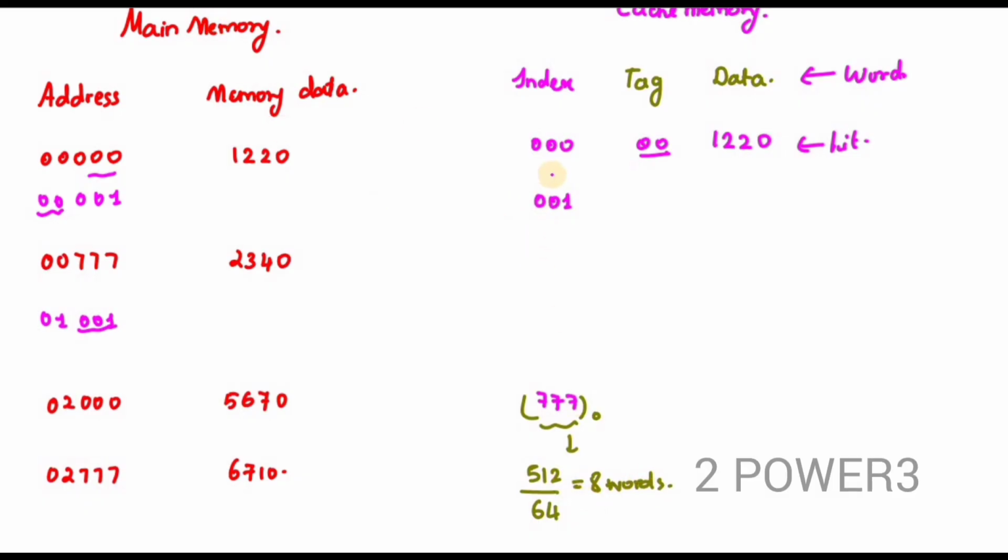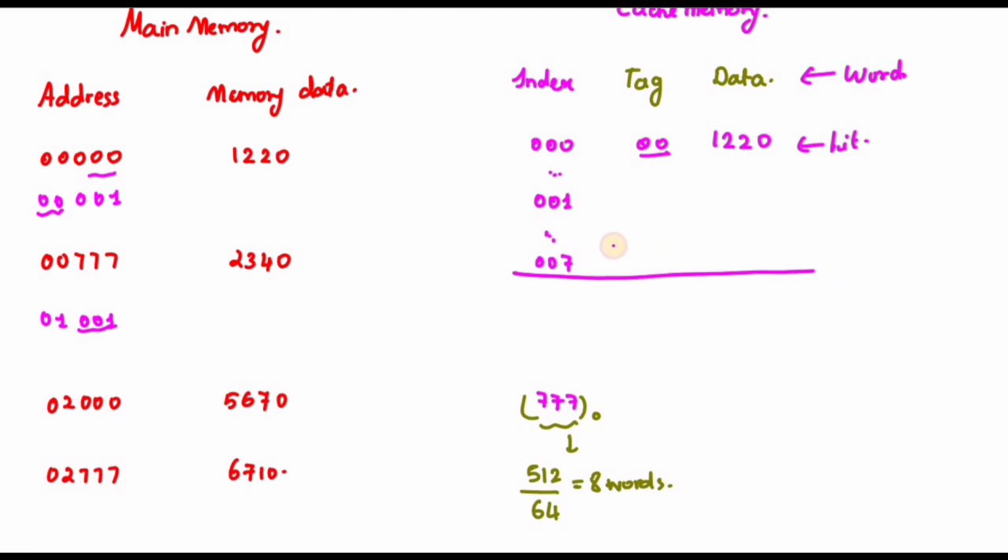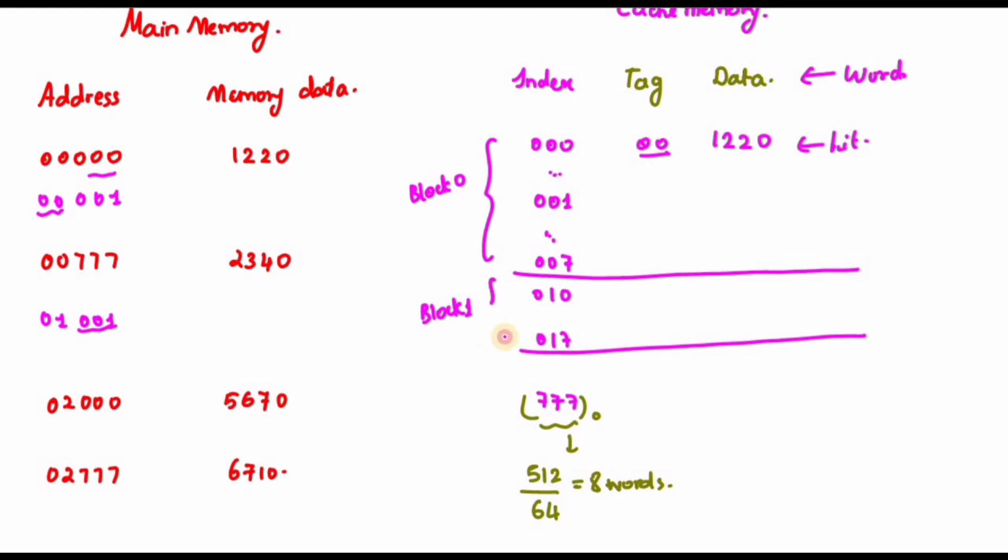So I'm going to make 000 to 007, this is my block 0. Next 010 up to 017, so this is my block 1. Okay, so up to this is my block 62.